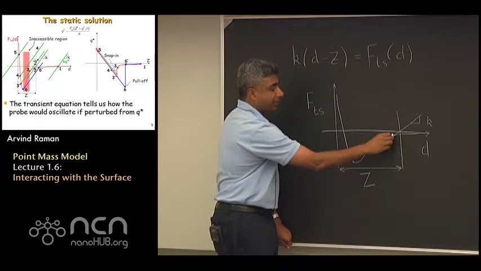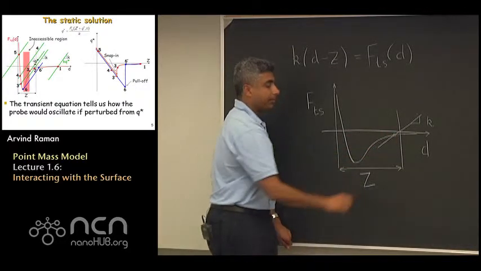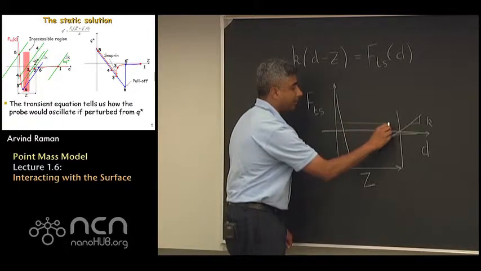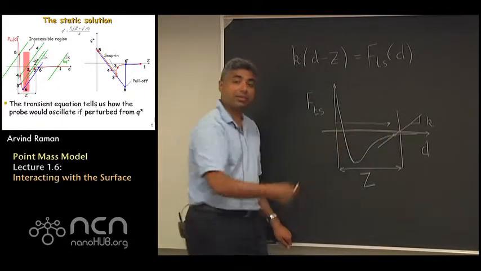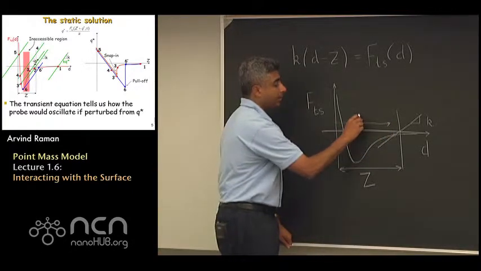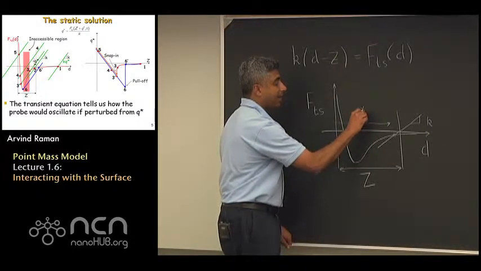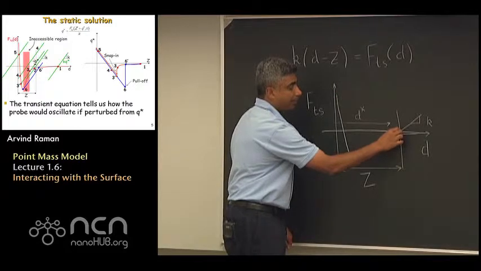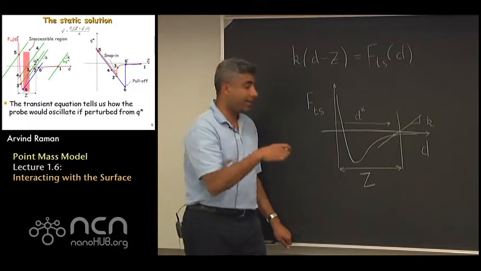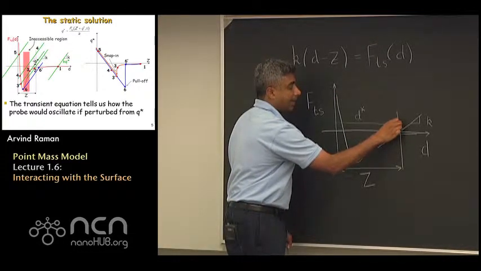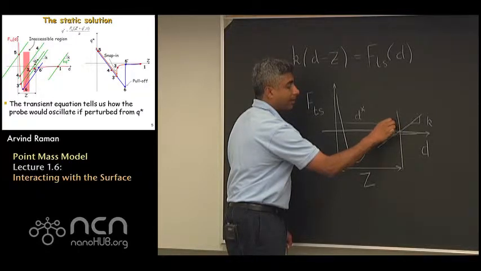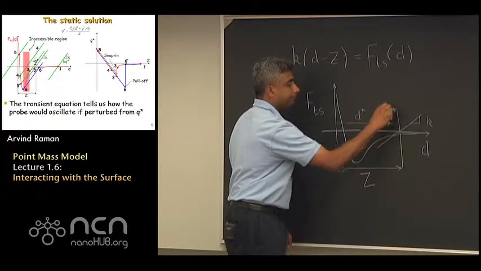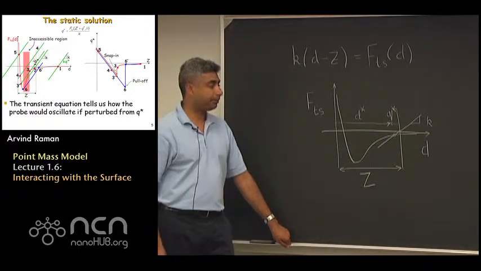The intersection of these two graphs occurs here, and that value of d at which these two graphs intersect is going to be the static gap d star, and the amount that the cantilever tip had to deflect down by would be given by q star out here.